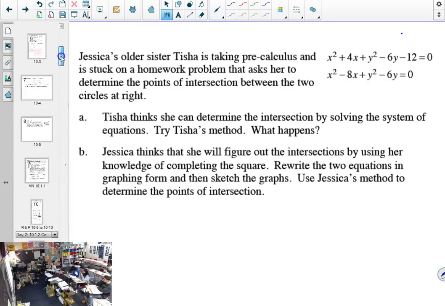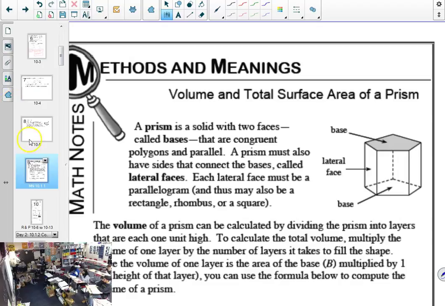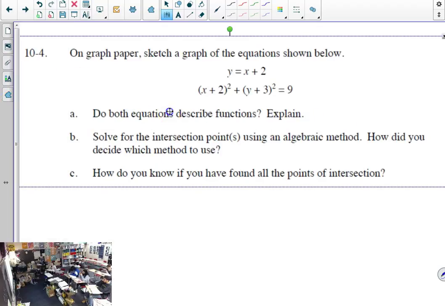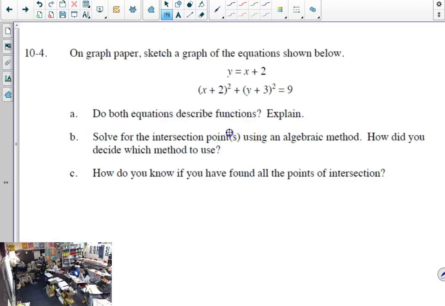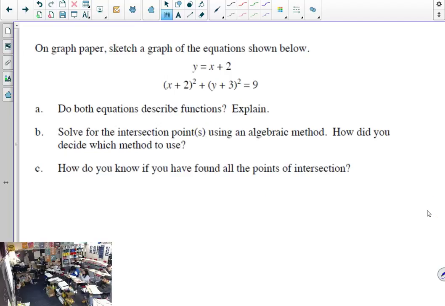They had told us to do this algebraically, and I forget what method we used, but I think we used the graphing method. One way that can always work is substitution. We could have substituted x plus 2 in there, this would become x plus 5. Square both of those, you have all like terms, and you can solve for your x values.